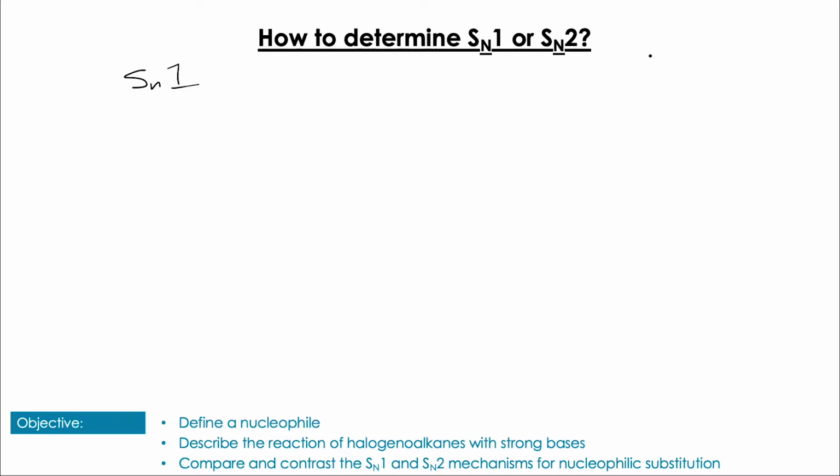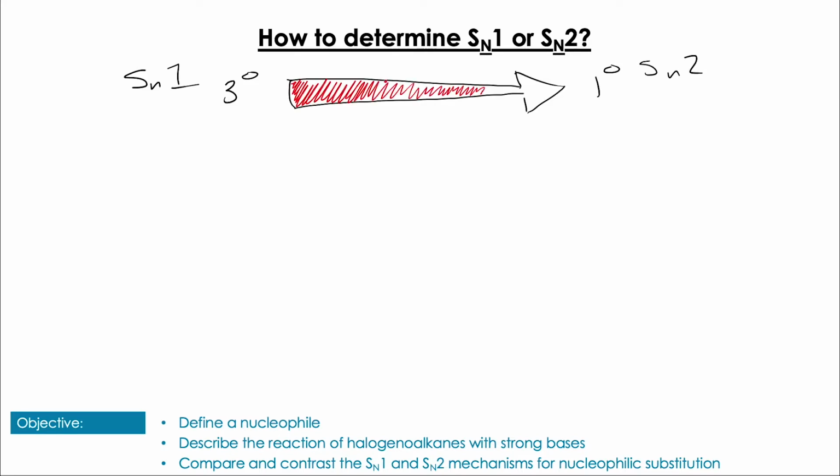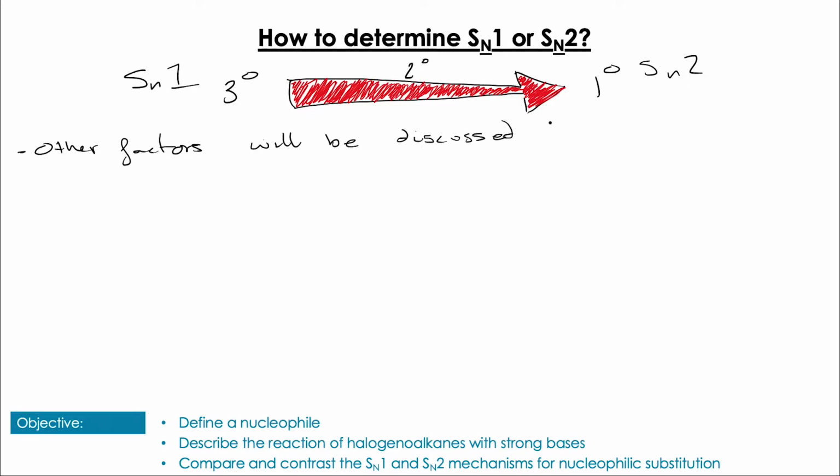Well, throughout the unit, as we've seen, primary, secondary, and tertiary are a huge influence on organic behavior, reaction behavior. So at one end of the spectrum, we've got tertiary compounds which will undergo Sn1, and at the other end, primary undergoing Sn2, with secondary somewhere in the middle. We're going to discuss some other factors later in HL, but that's not important at the moment.